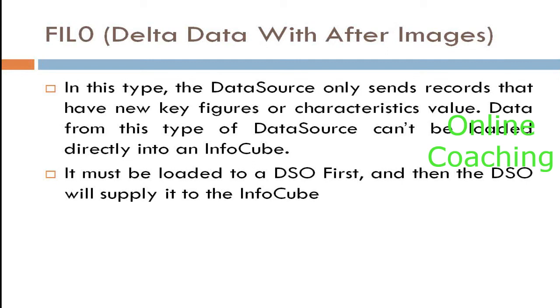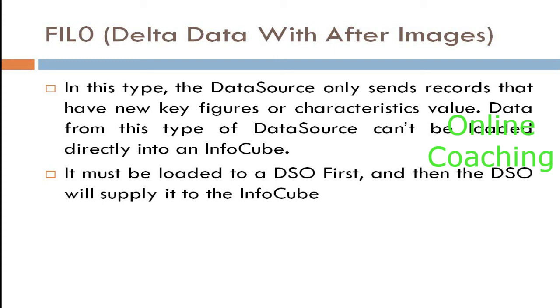The value should be different from whatever is there in the BW and in the flat file. And one more checkpoint here: I cannot load this type of delta directly to InfoCube. Then what I need to do? First, you need to load this data to DSO. From DSO, then you supply the data to InfoCube.